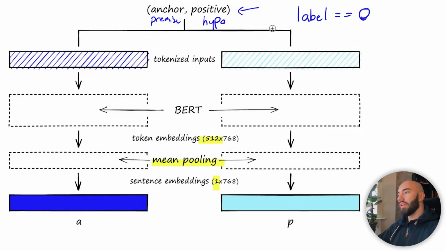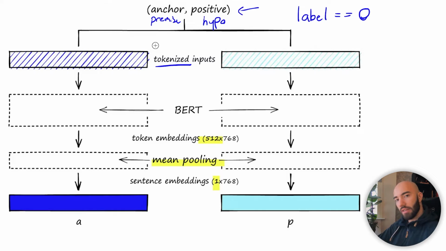Now, we have our anchor and positive, and as we usually would with a transformer model, we tokenize them. We're going to do that with just a tokenizer method, a pre-trained tokenizer from the Hugging Face transformers library, if we're using PyTorch.